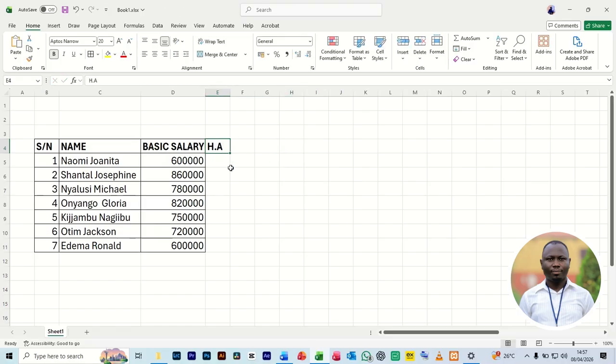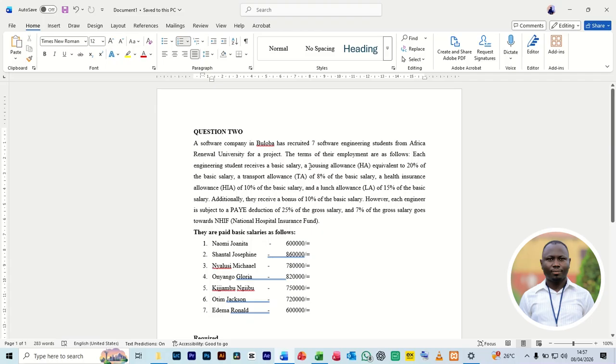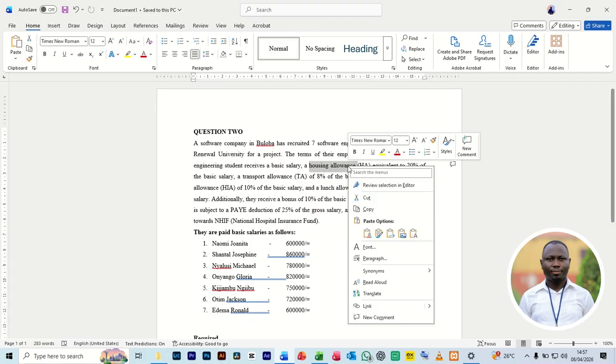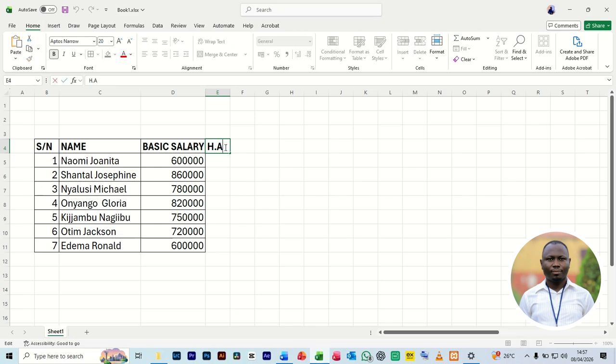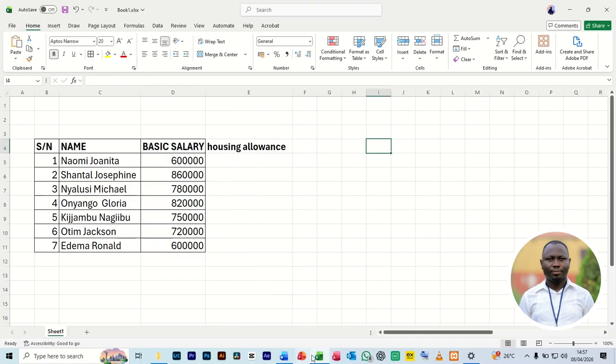You can write it in full if you wish to. Okay, for clarity, let me write it in full as well. Housing allowance. Let me not abbreviate and cause confusion. So we have our housing allowance here.